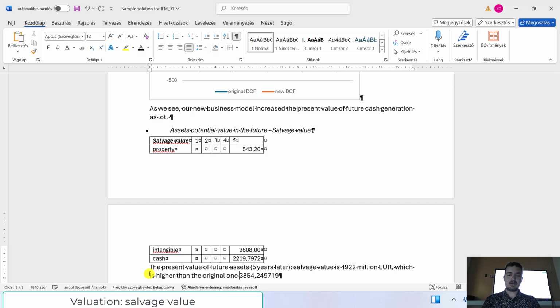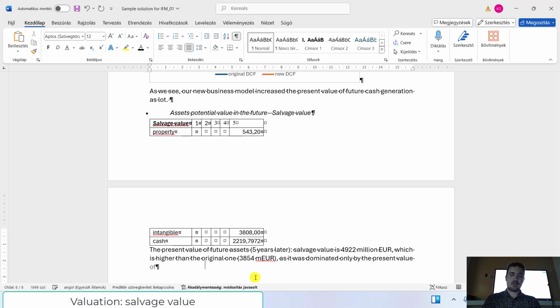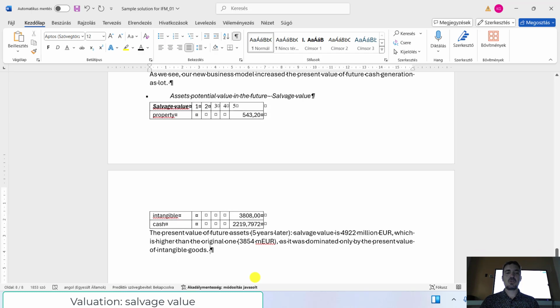As well, let's add it here. As it was dominated only by the present value of tangible goods.